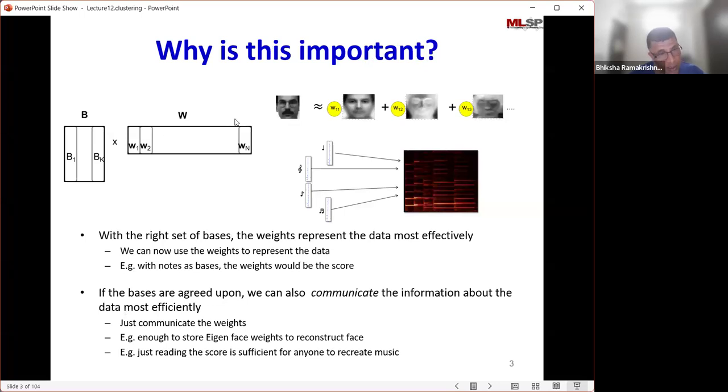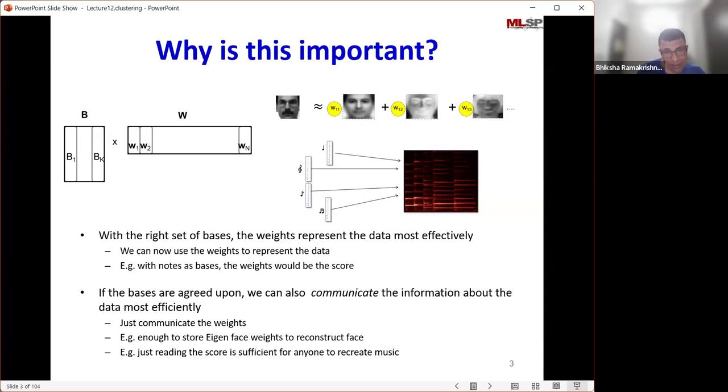For example, if we were decomposing music or the spectrograms for music, if the bases we discovered ended up being notes, then these weights would basically tell us how the notes were played. So also when we are analyzing face data, if the bases give us essential facial structures, then the manner in which they are combined makes a lot of sense.